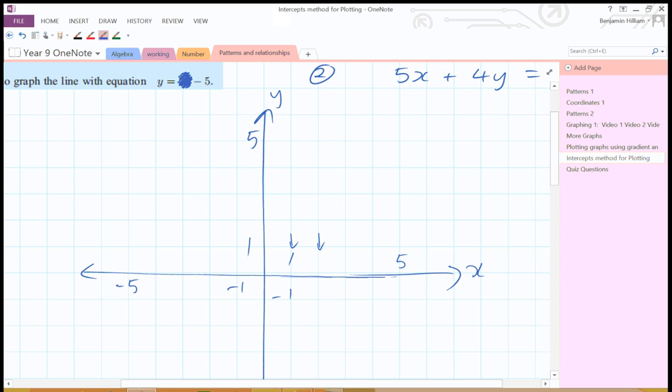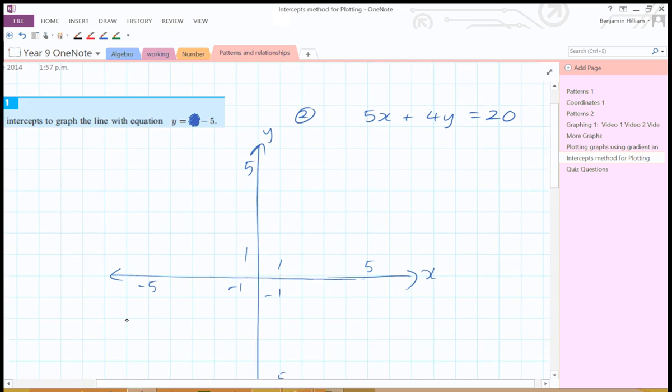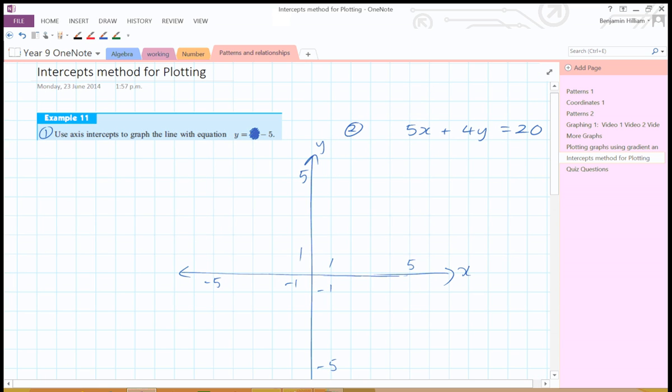Here we've got x is 2 and so on. What's special about where x is 0 on that graph? Yes. So we've got 0 for x here, and at 0 we have the y-axis.